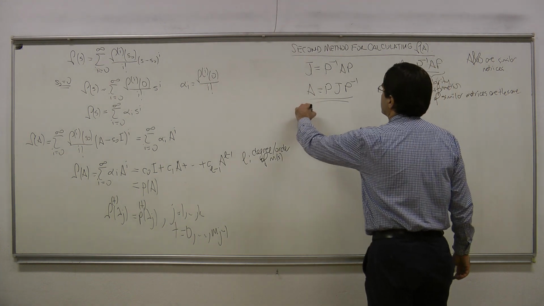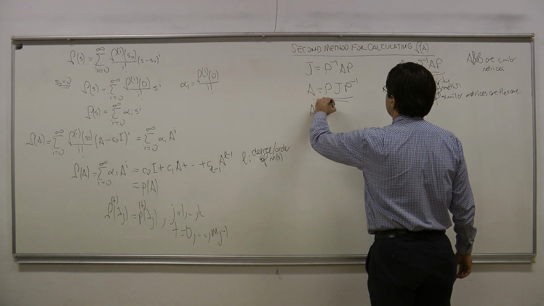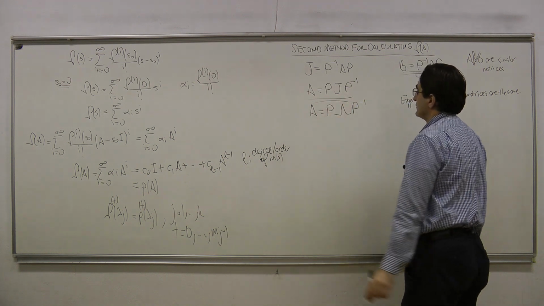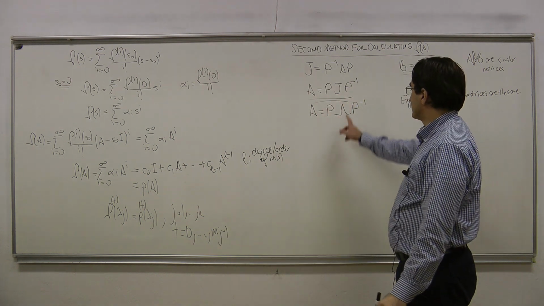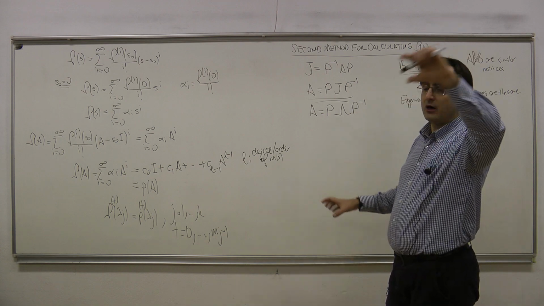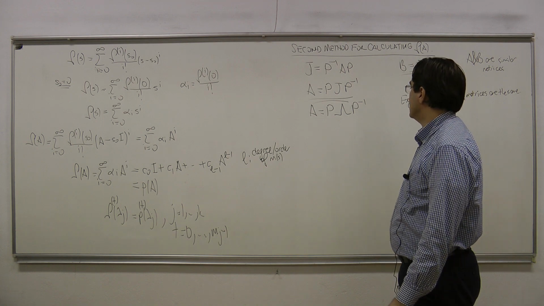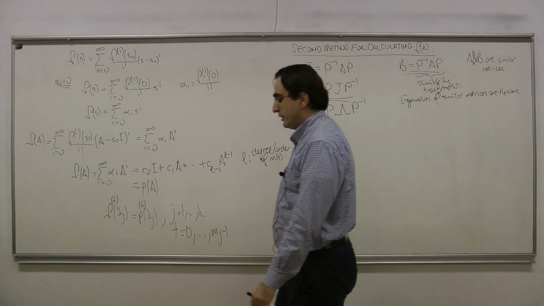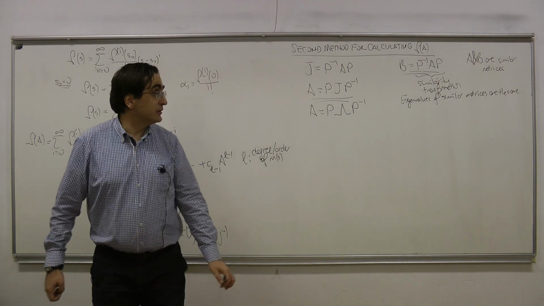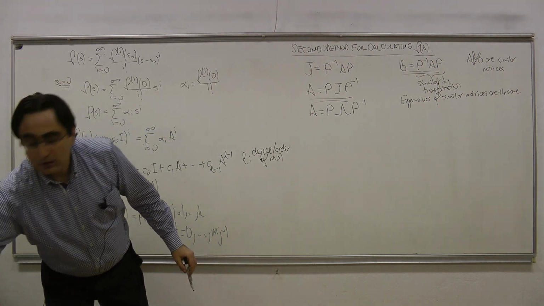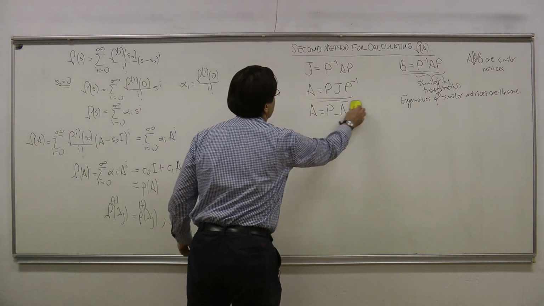So usually people write in such a case, if J is diagonal, people would write it like this, where the matrix lambda, this is capital lambda, is a diagonal matrix where the eigenvalues are on the main diagonal. Okay? But of course we know that the Jordan canonical form does not have to be a diagonal matrix in general. That means that this is not applicable in the most general case.